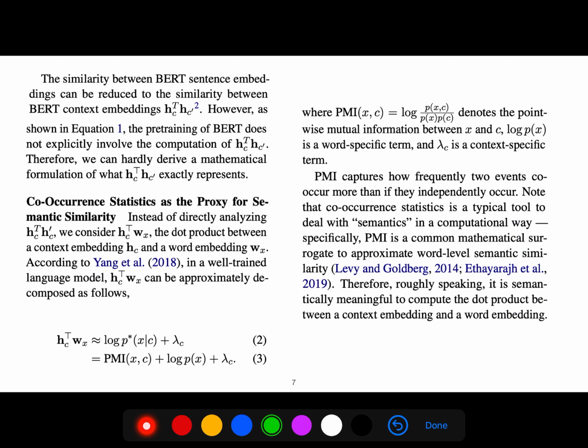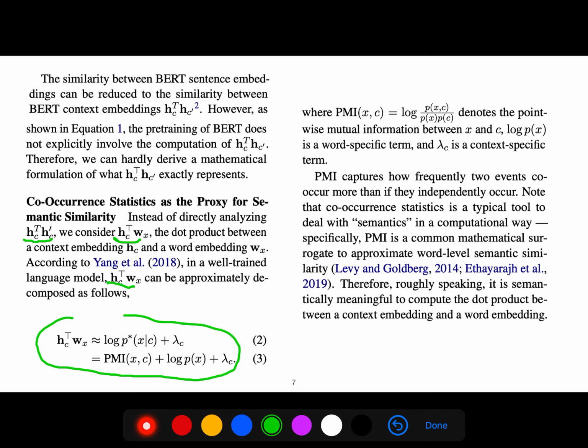So let's talk about co-occurrence statistics as the proxy for semantic similarity. Instead of directly analyzing this term, we consider this term a dot product between a context embedding and a word embedding. So in a well-trained language model, this dot product can be approximated like this.